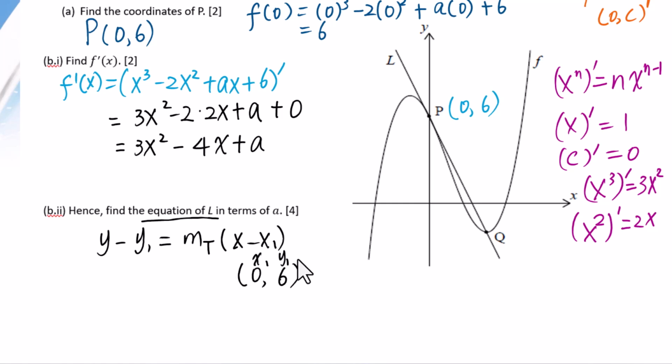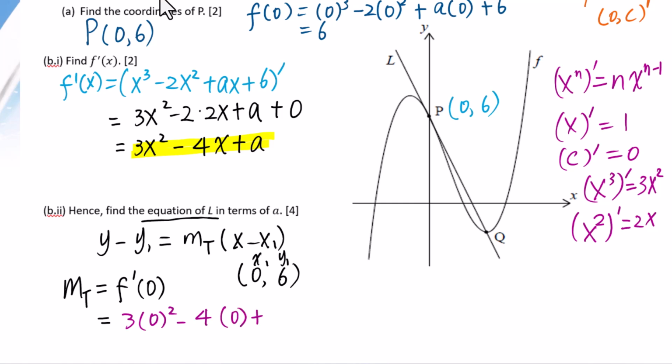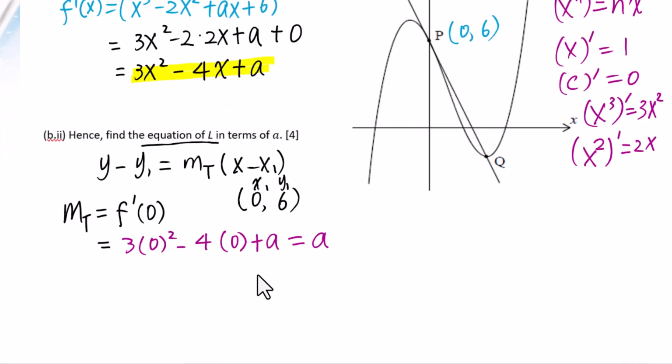We just need to figure out the slope of the tangent line, which equals f prime of 0. Do the substitution for this function. We get 3 times 0 squared minus 4 times 0 plus a, which equals a. The slope of the tangent line equals a.